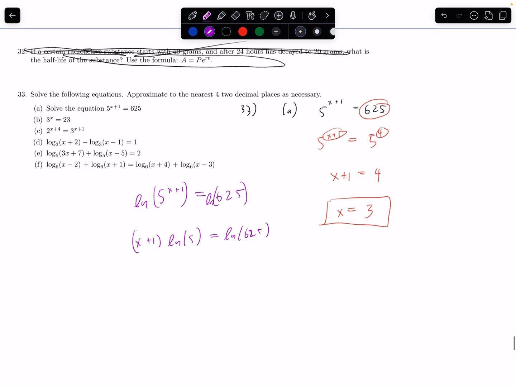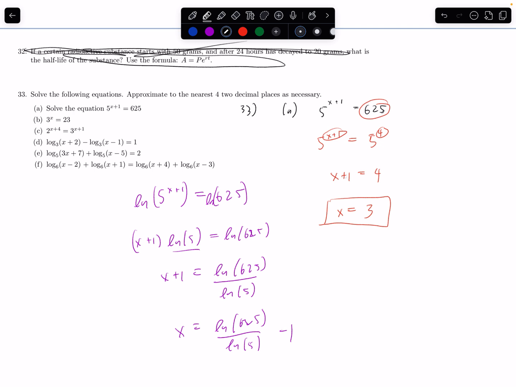I can divide both sides by ln of 5, and I get x plus 1 is equal to ln of 625 over ln of 5. And then lastly, just subtract 1 from both sides, and I get x equals ln of 625 over ln of 5, minus 1. And you can just plug that into your calculator and see that it works.